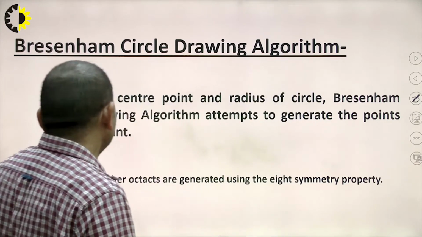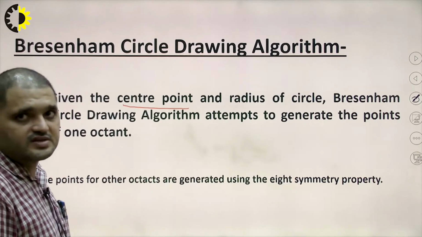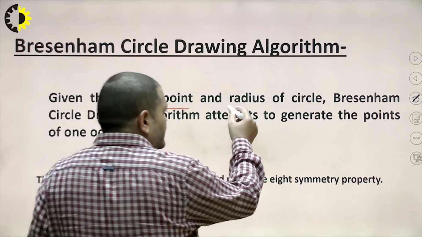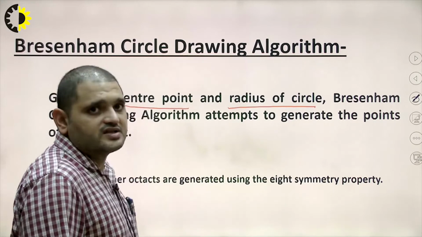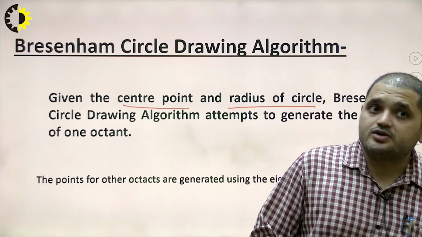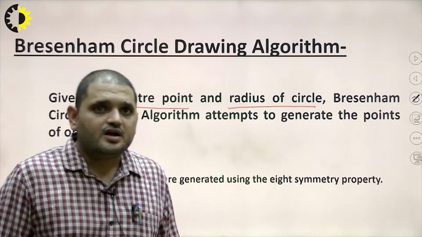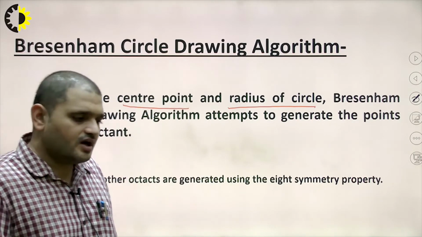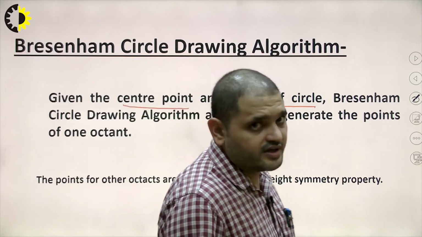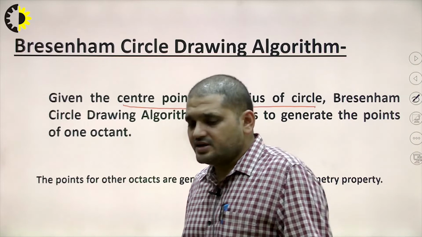In Bresenham's, if we know the center point and radius of the circle, then Bresenham's circle algorithm attempts to generate the points of one octant, and once we find the points of one octant, we can obviously find the points of the other octants also, because all the points of the octants are related to each other.